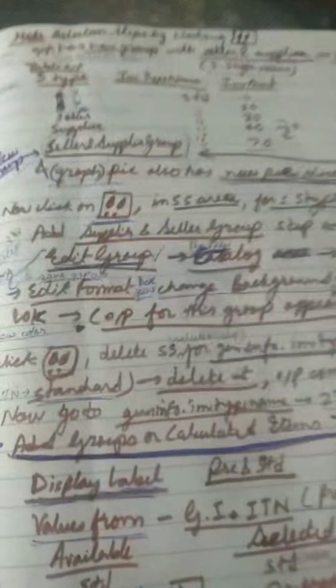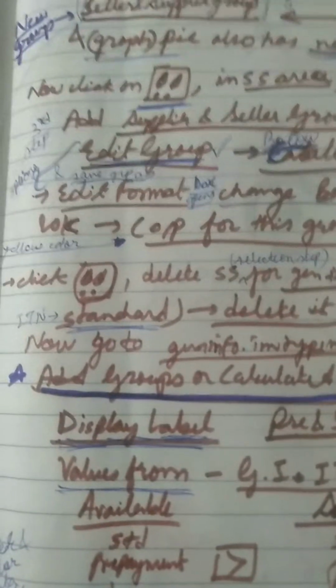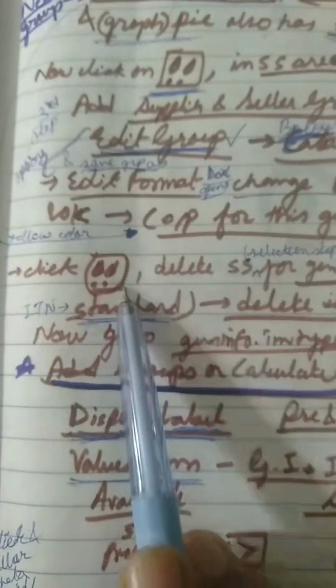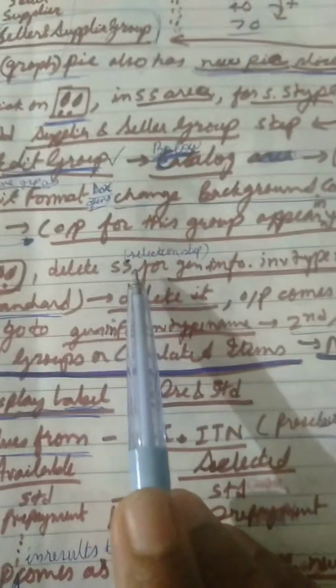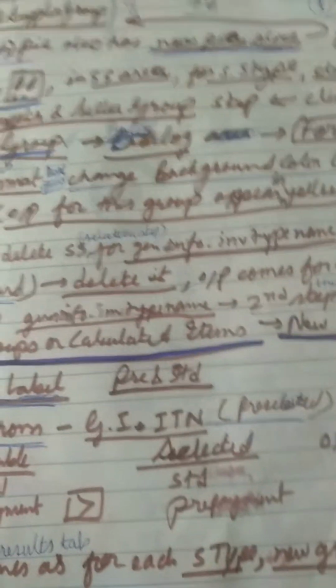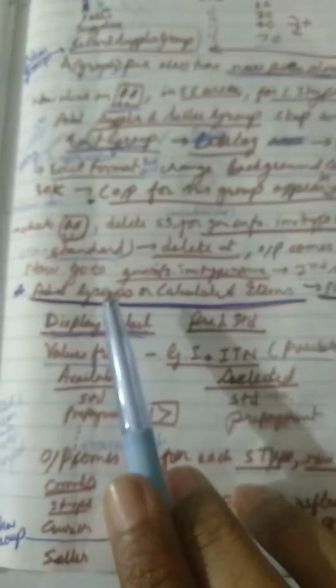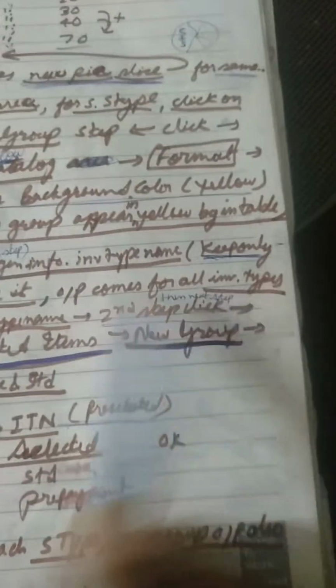Next step is to add a calculated item. So again we'll click on this selection step. I'm deleting here the selection step for invoice type name. I did select member option for both, for supplier type and invoice type name as well. So I'm deleting it, and the output for invoice types, all the types of invoice types will come.